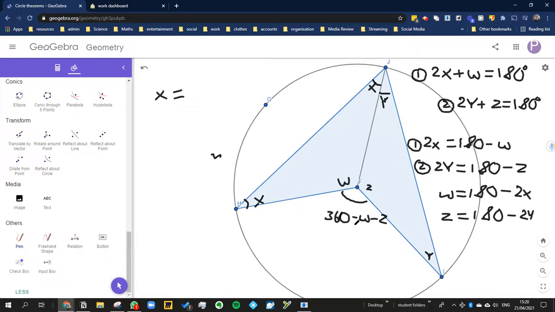And then we're going to say that this angle is equal to 360 minus w minus z. So 360 minus (180 minus 2x) minus (180 minus 2y).